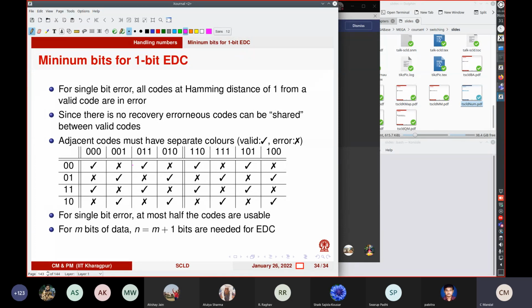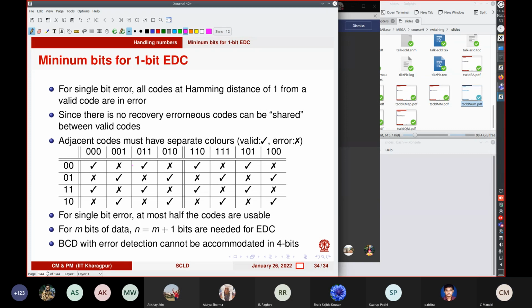All right. So what you can see is that for m bits of data, m plus 1 bits are needed for EDC. This is one conclusion that you can draw about BCD, binary coded decimal, with error detection.